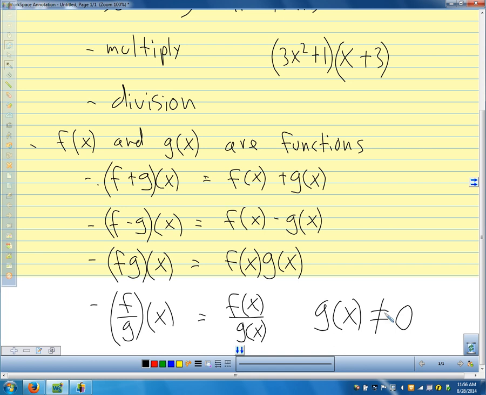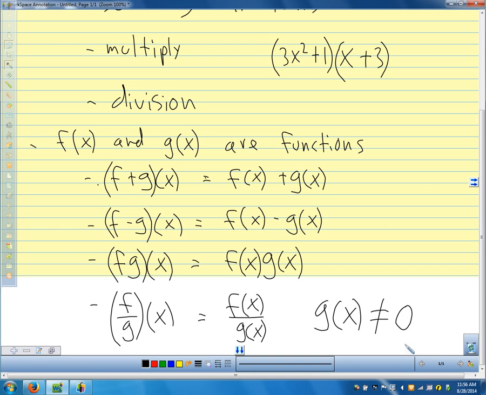So that's what we have to worry about, g of x being 0. Everybody okay with this? Hopefully nothing new, nothing earth-shattering here. All right, so these are easy ways of combining functions with arithmetic.